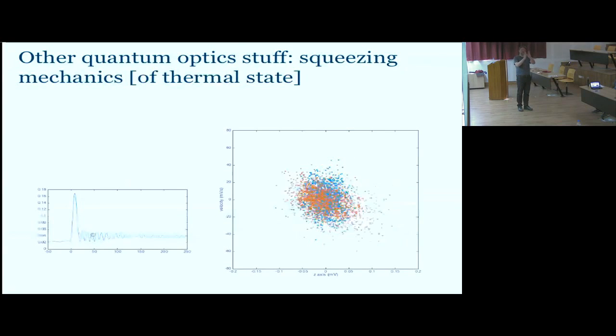Yes, you see that there's this cigar, and then this rotates, and then it thermalizes back to the spherical distribution because of collisions.